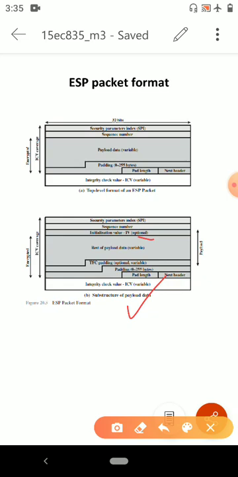If tunnel mode is being used, then the IP security implementation may add traffic flow confidentiality, that is TFC padding, after the payload data and before the padding field.